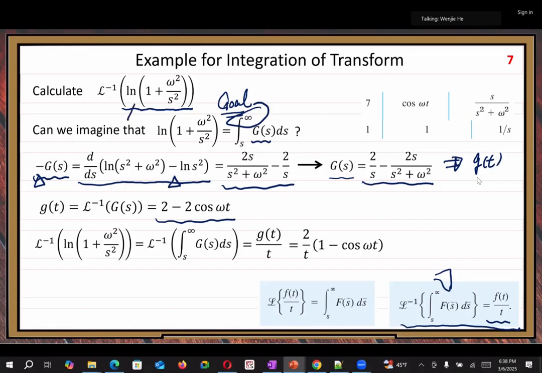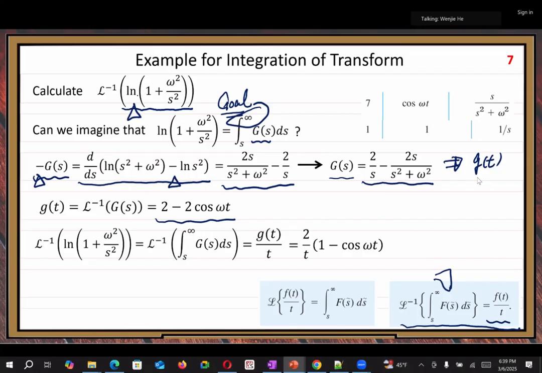The reason it is hard is because of this natural log. If you look at our basic formulas, we don't know how to handle the inverse Laplace transform with that natural log. But the good property for this formula is that when we take a derivative, the natural log is gone.